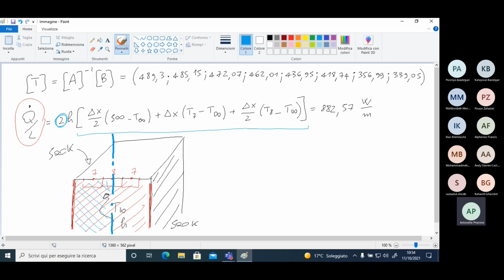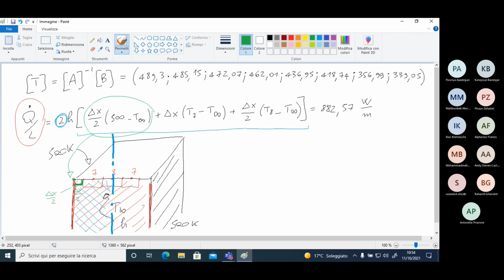And I have the first, this part. This one is the heat transfer rate by convection from this small portion. So it is delta x divided by 2. Okay, this one is delta x divided by 2.